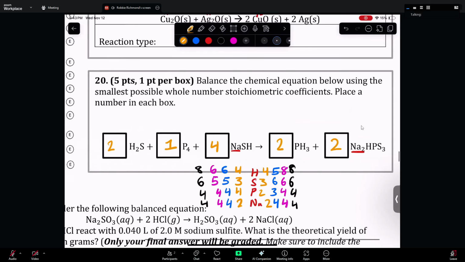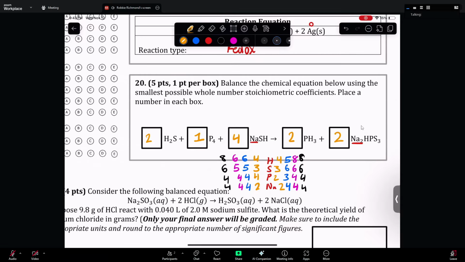So, all condensed into one big lesson. Start from the easiest element to balance, and then just slightly add more coefficients just by ones each time.